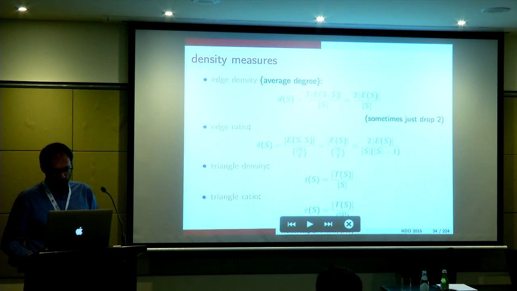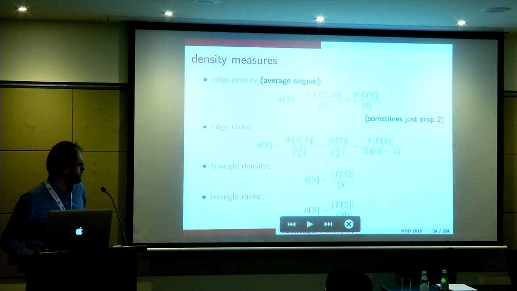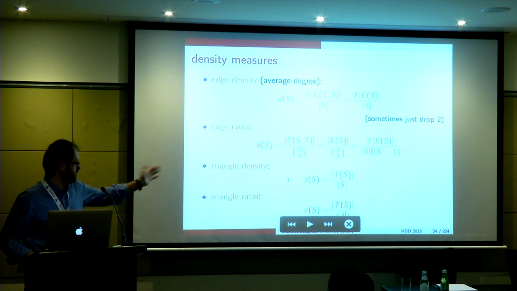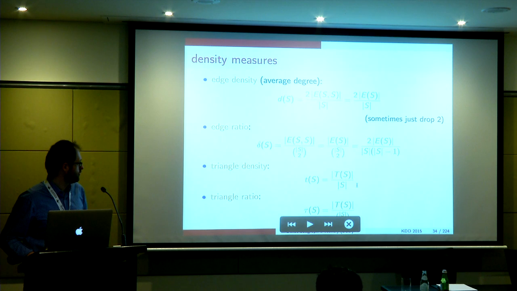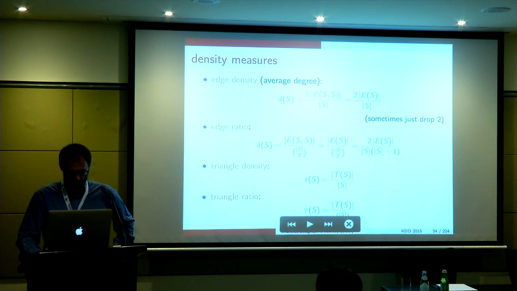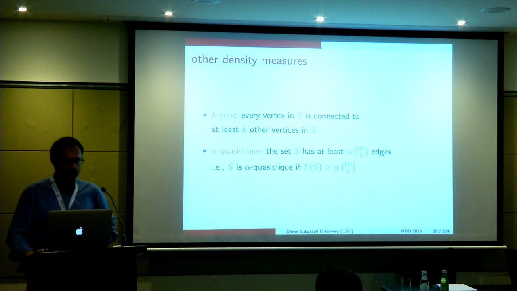Here, the edge ratio is always between 0 and 1, because the denominator is always larger. Then when I look at triangle density, I take the number of triangles divided by the number of vertices in my graph, or I can look at the triangle ratio, which is defined similar to the edge ratio. Okay. There are other concepts of density.